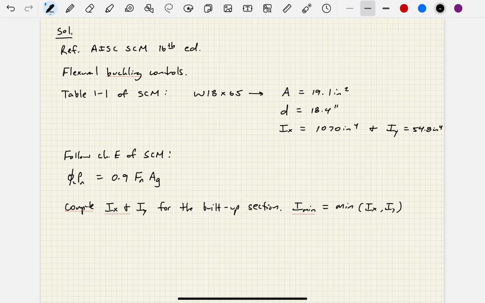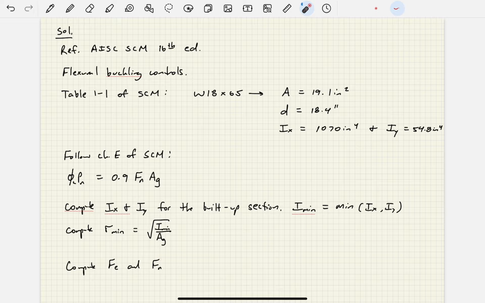And then we're going to compute r_min from that, and we get r_min by taking the square root of I_min divided by the gross area of the entire cross-section A_g. And then we're going to compute Euler's buckling stress F_e and then the nominal buckling stress F_n, okay? And then once we have this F_n, we go back to this phi_c P_n relationship from Chapter E, and we have the compressive strength there, okay?